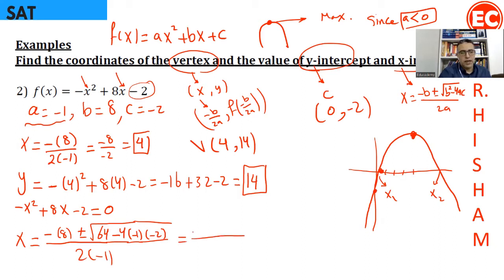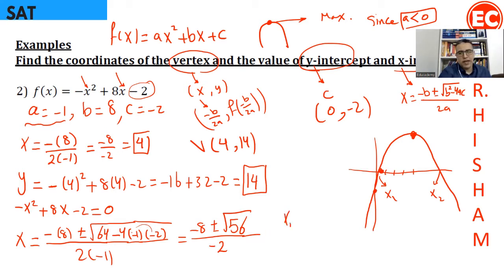So it's negative 8 plus or minus root of 64. Negative by negative is positive, by negative is negative. So it's 64 minus 8, which is 56, divided by negative 2.